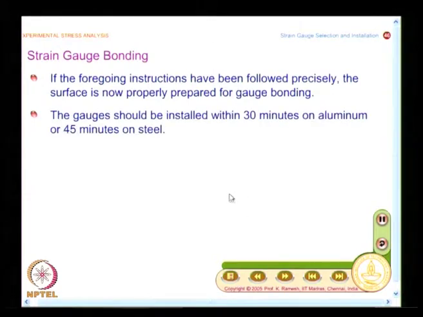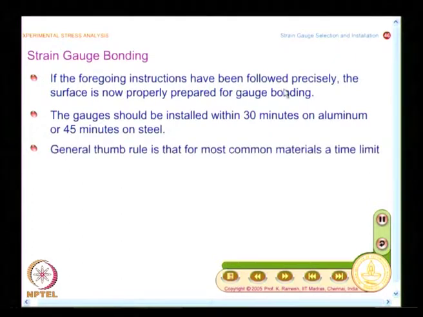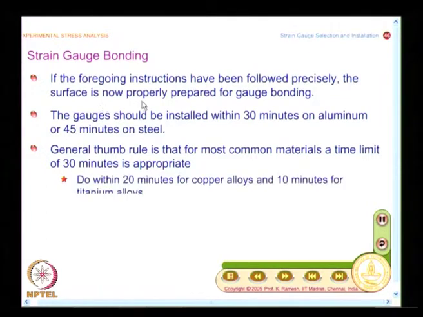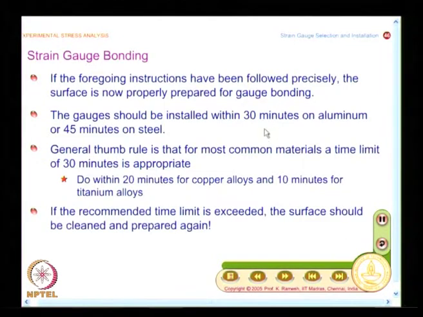And what is mentioned here is, if the foregoing instructions have been followed precisely, the surface is now properly prepared for gauge bonding. And what is the recommendation? Look at this very carefully. The gauges should be installed within 30 minutes on aluminum or 45 minutes on steel.